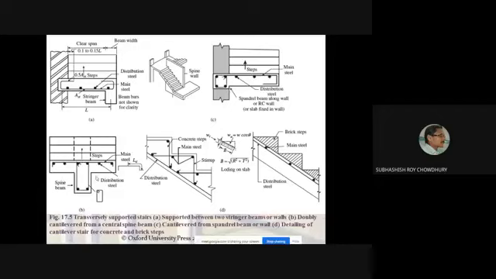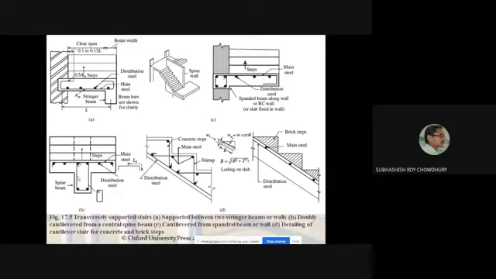When you design this beam, you should consider the bending moment, the shear force, as well as the torsional moment. So the concept of torsional moment also comes in the designing of this kind of stair. When you design this beam, not the staircase or the stair slab, it should be designed against the bending moment, the shear force, and also the torsional moment coming from this step.